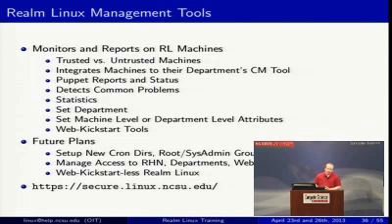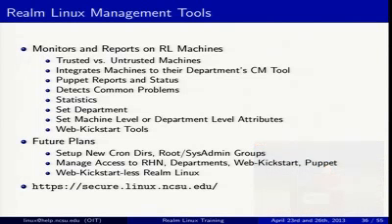The Realm Linux Management Tools continues that trusted versus untrusted concept. If your machine is labeled as supported in the Realm Linux Management Tools, we know it's been installed by Web Kickstart, and I know it's consistently been on the network.